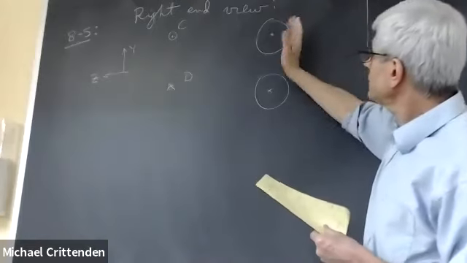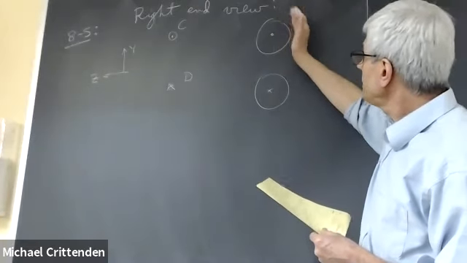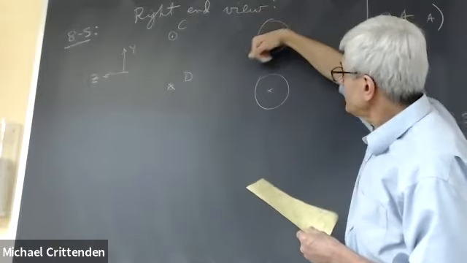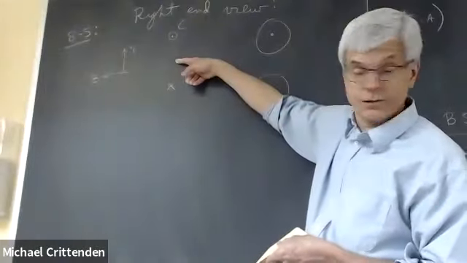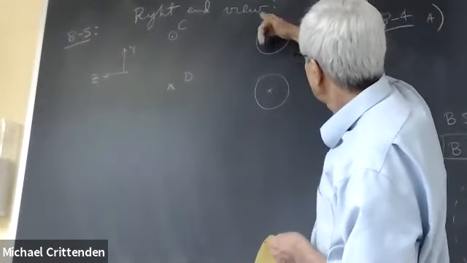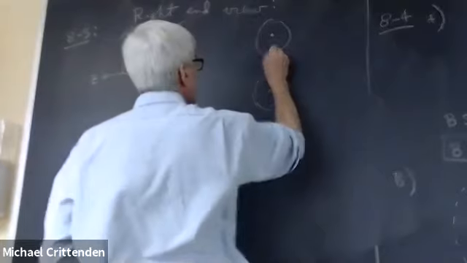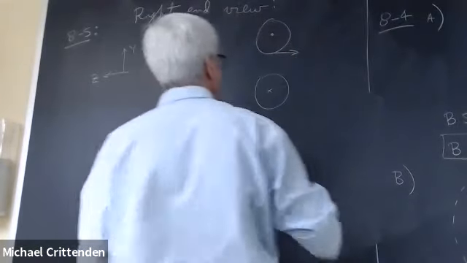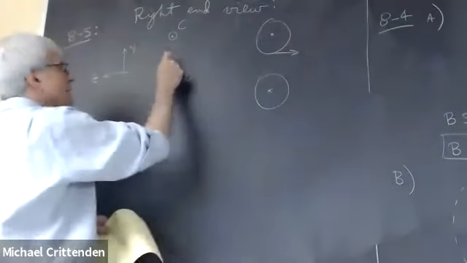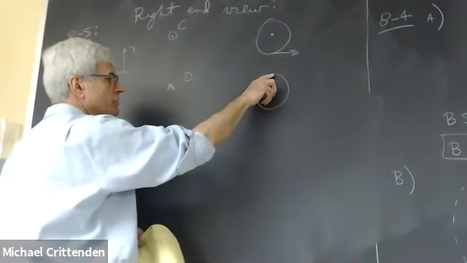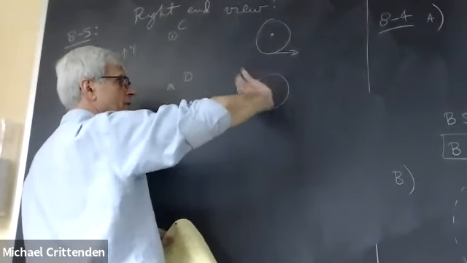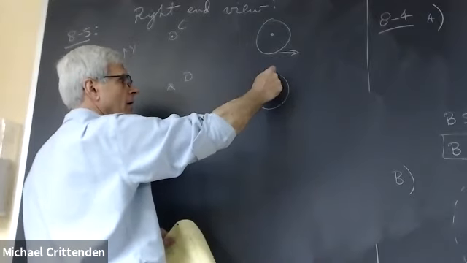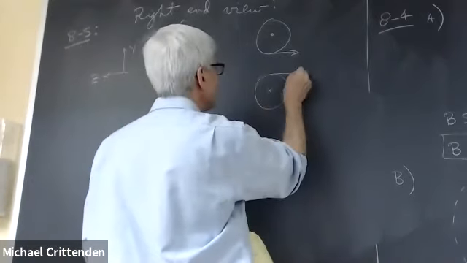For C, since the current is out of the page, and because the question asks what's the field halfway in between, at this point in the middle that we're interested in, the field is pointing that way. Halfway between the wires, up here in this picture, right-hand rule: your thumb points along the current, your fingers wrap around in the direction of the field lines. Up here, that would be pointing that way.